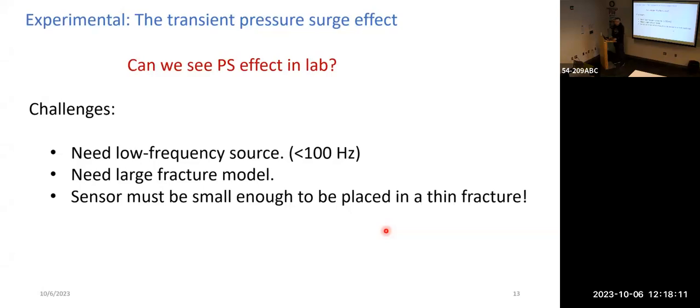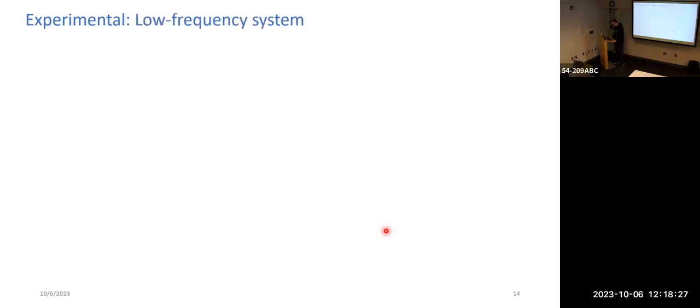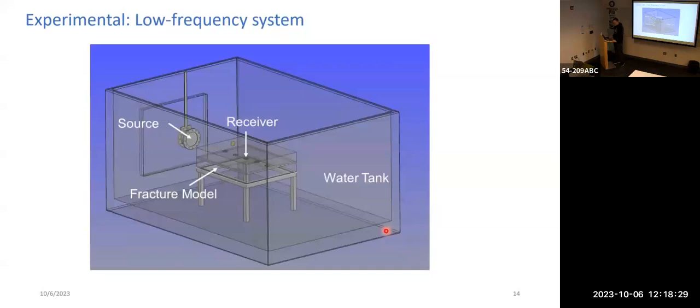And also, we need to measure the pressure variation within the fracture, so we need to place the sensor in a narrow space. That means the commercial hydrophone cannot work, because the diameter is too large to place it in the fracture. And thanks to the water tank in the U of H Allied Geophysical Laboratory, we can do the underwater experiment.